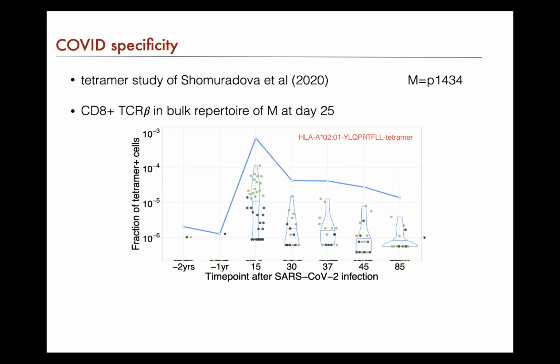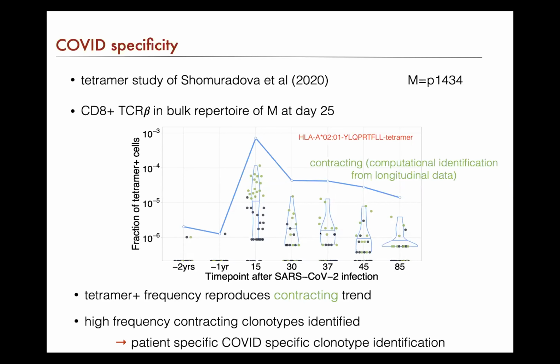So we can see how often they appear at different time points in our data, and that's what this blue line is. So basically, we see that the tetramer positive clones reproduce the contracting trend we identified independently from our longitudinal data. And what's color coded here are the frequencies of the actual contracting clonotypes that were independently identified in our computational study.